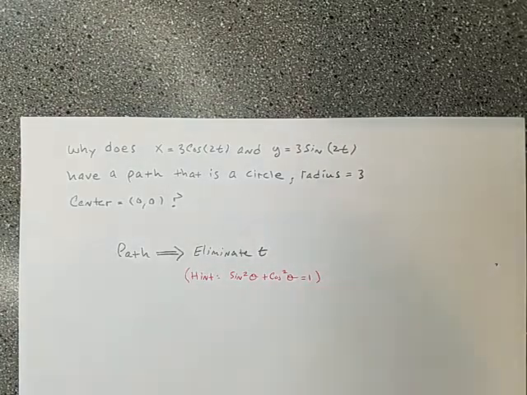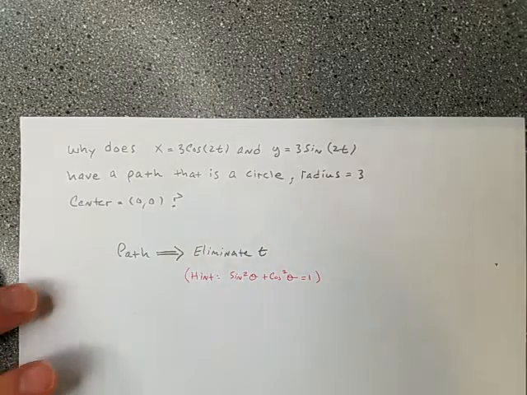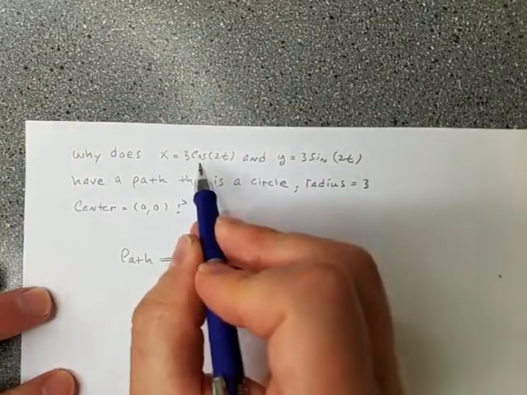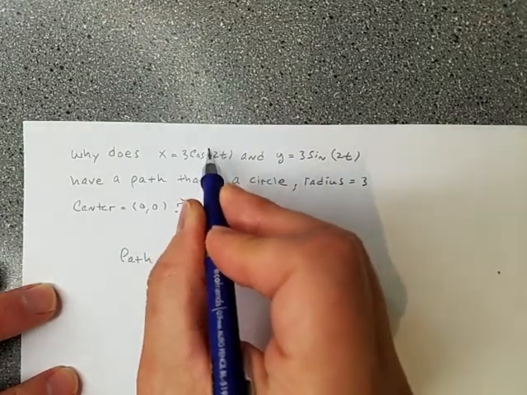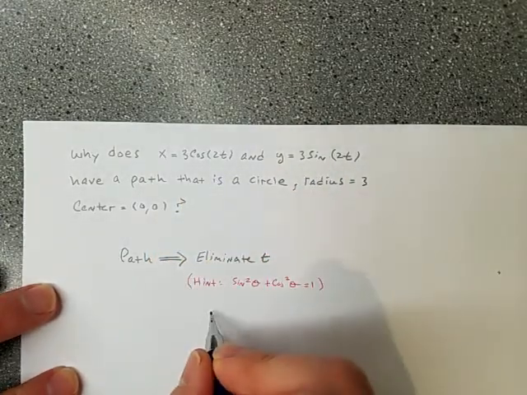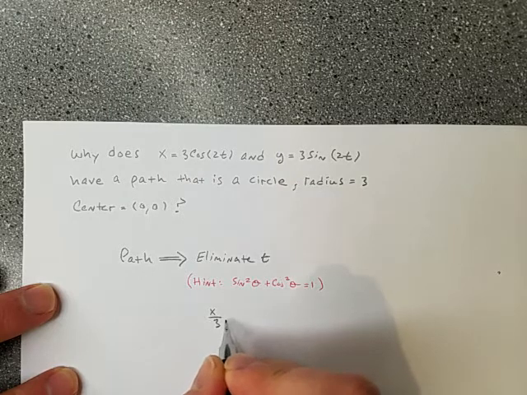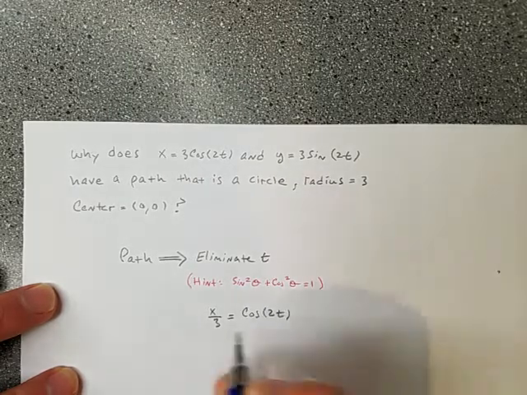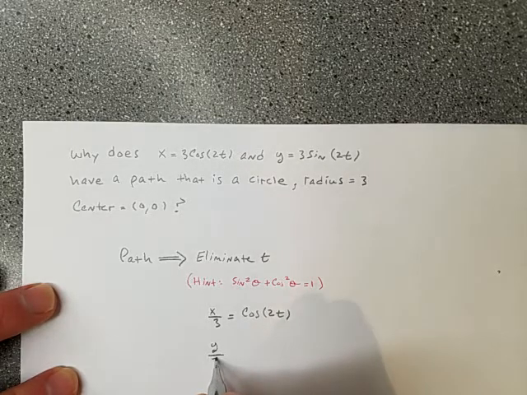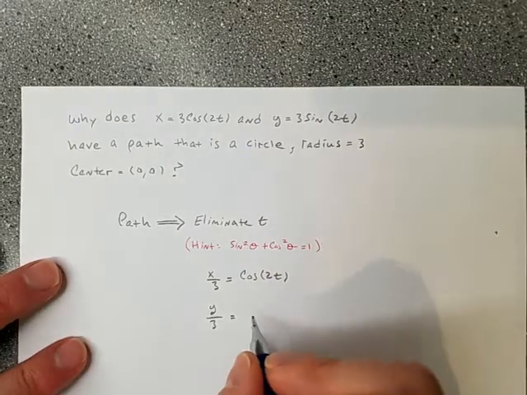So we're going to use that, all right? Now, in order to use this somehow, I should probably solve these for sine and cosine. So if I solve this one for cosine and this one for sine, I would get x over 3 is cosine 2t, and y over 3 is sine 2t.